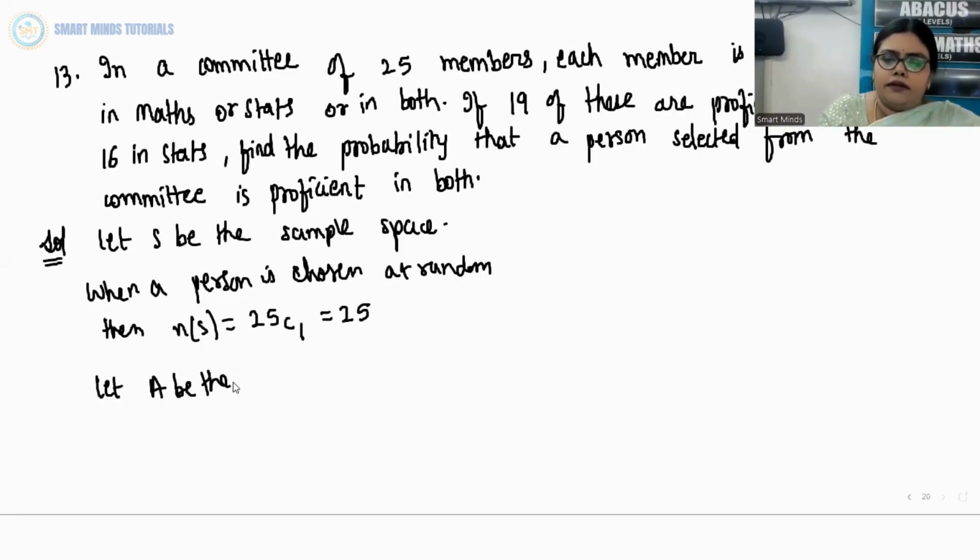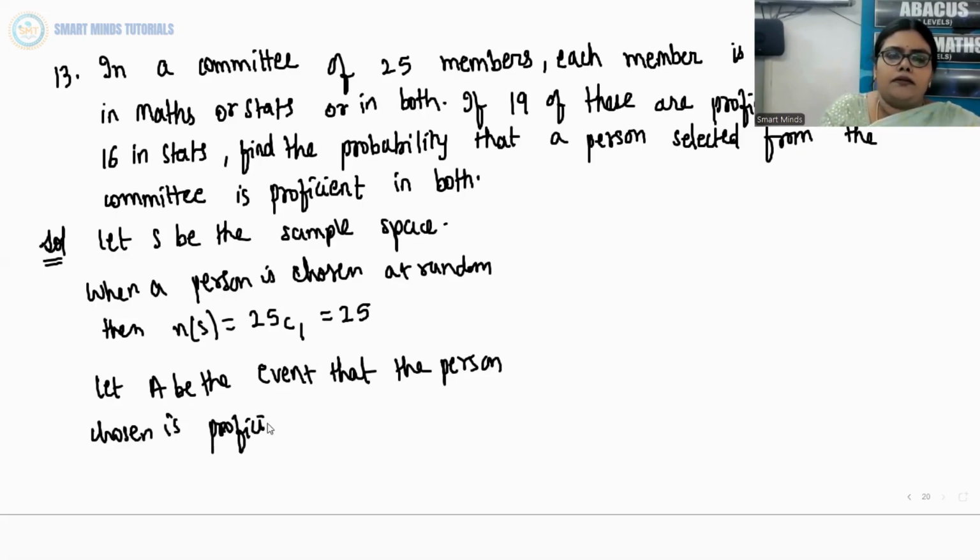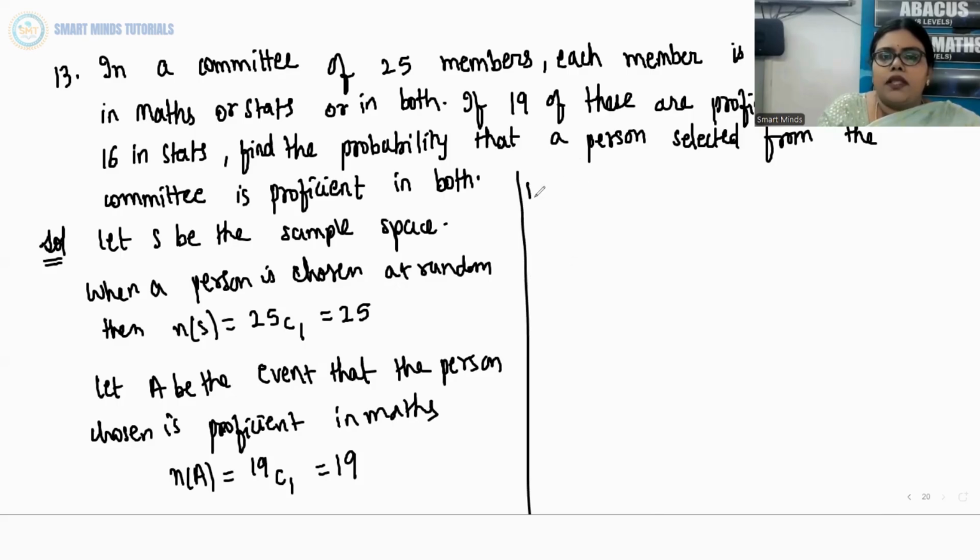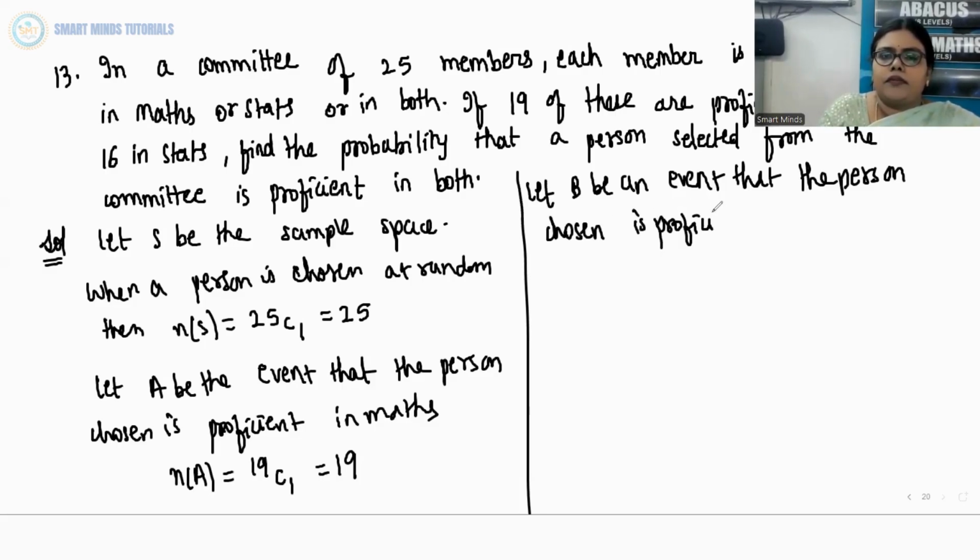Let A be the event that the person chosen is proficient in maths. So N of A is 19C1. That is 19. Let B be an event that the person chosen is proficient in stats.